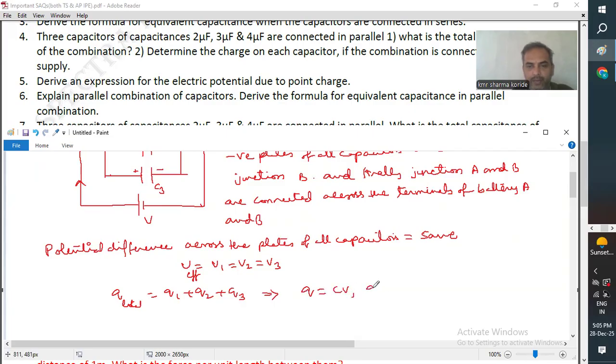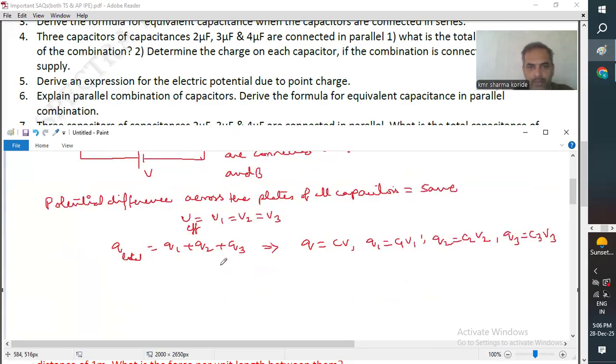We can write Q1 equal to C1V1, Q2 equal to C2V2, Q3 equal to C3V3. But all capacitors are operated at the same potential. So therefore, substituting, Q total can be written as C effective into V equals C1V plus C2V plus C3V.